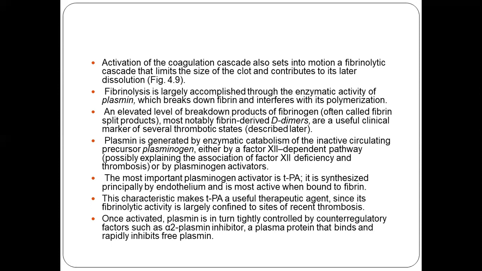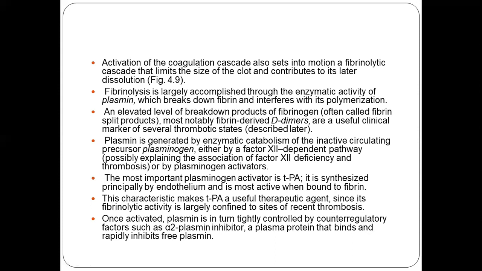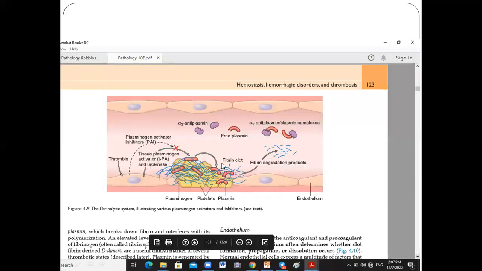You can see how plasmin is generated. You can see from the figure, tissue plasminogen activator. The most important plasminogen activator is TPA, synthesized by endothelium, and it is most active when bound to fibrin. You can see here, it is produced by endothelium and most active when bound to fibrin.